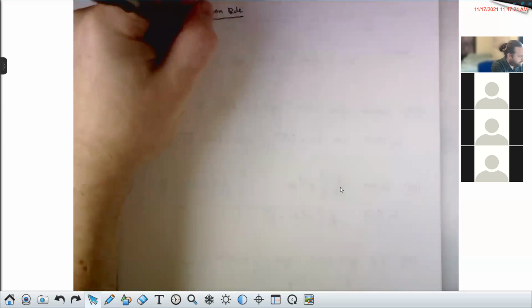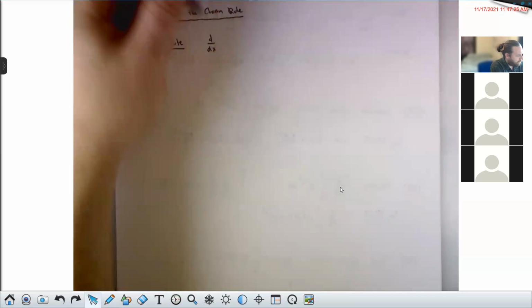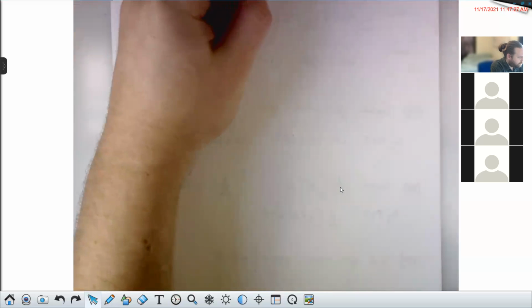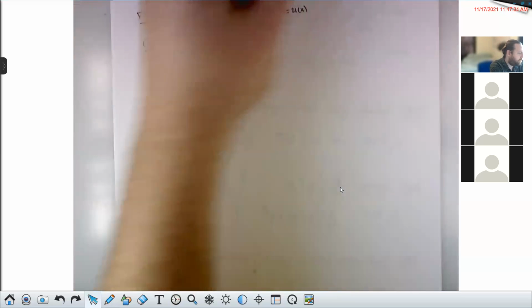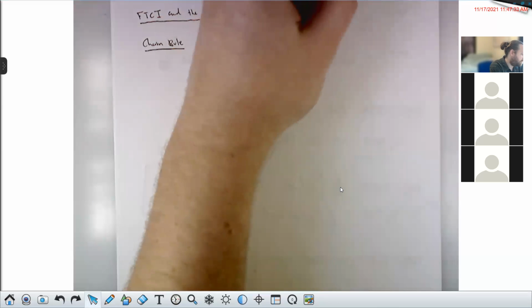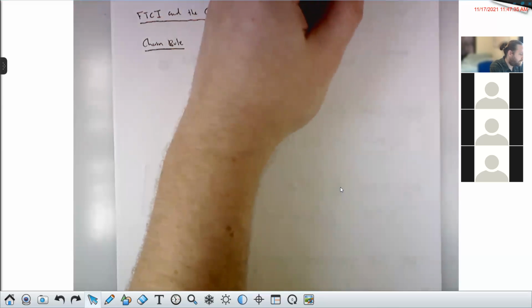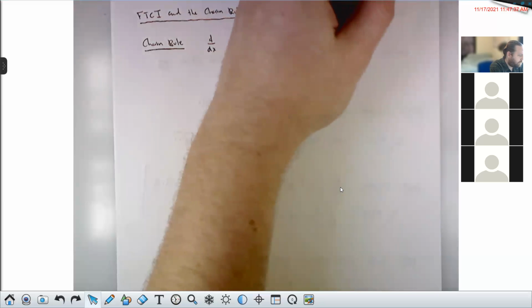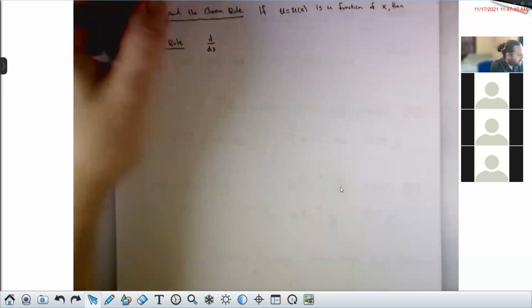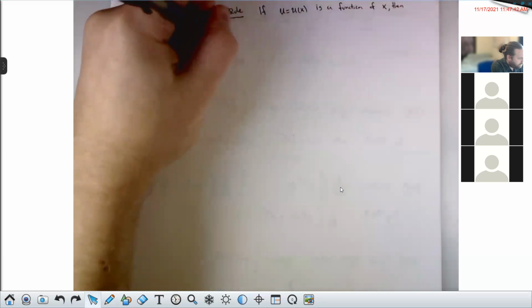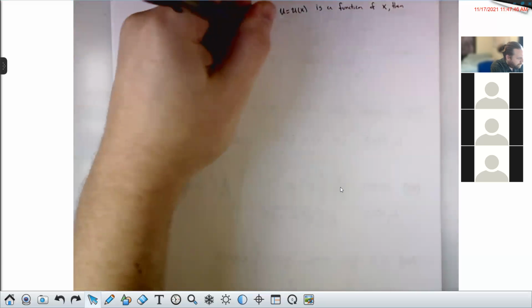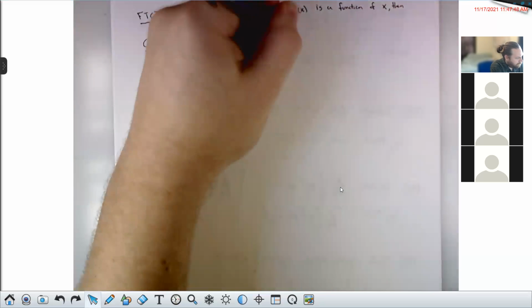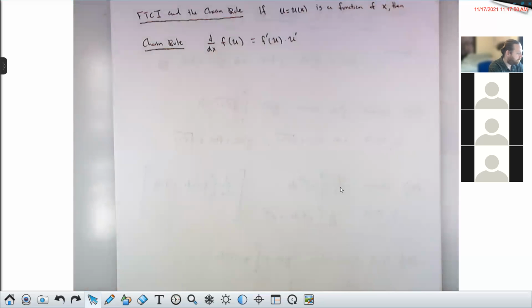But this says if you want to take the derivative, so I'll say it like this: if u equals u of x is a function of x, then the chain rule says that d dx of f of u is f primed of u times u primed.